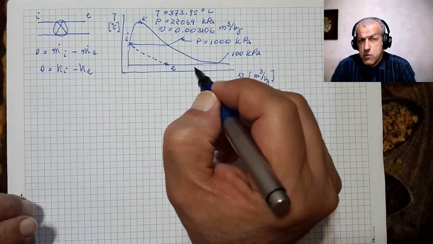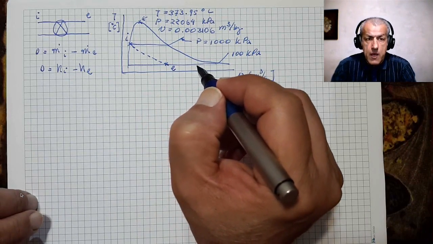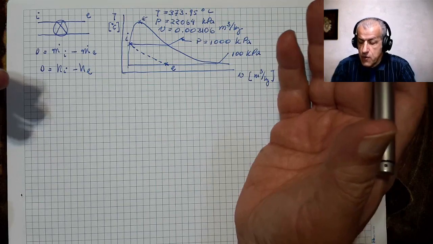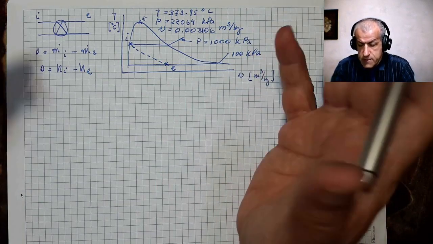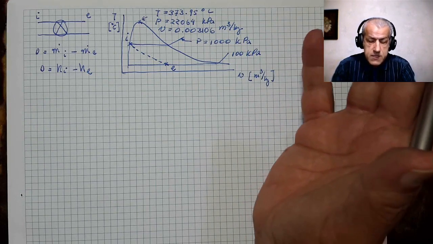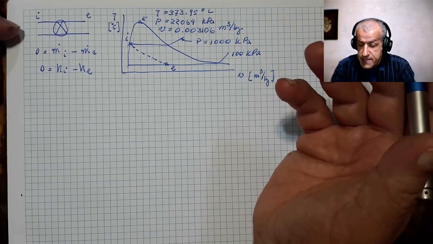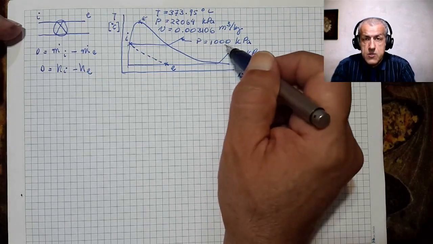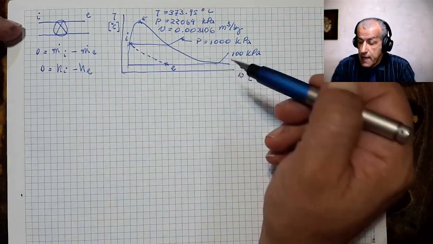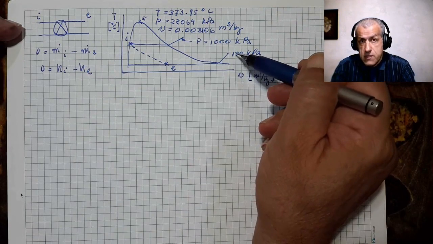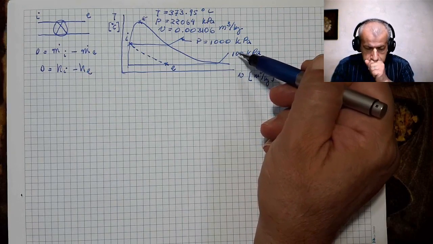And what we do now is try to find properties for this process and see what happens on such a process where a steam at 1,000 kilopascals goes through a throttling process and ends up at 100 kilopascals.